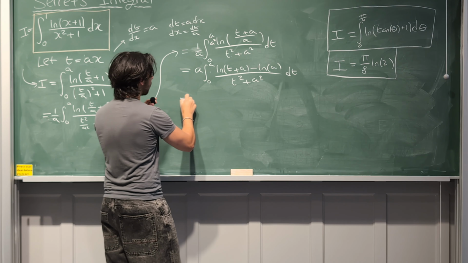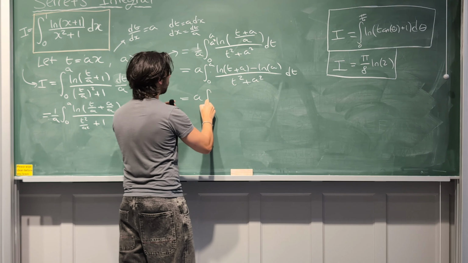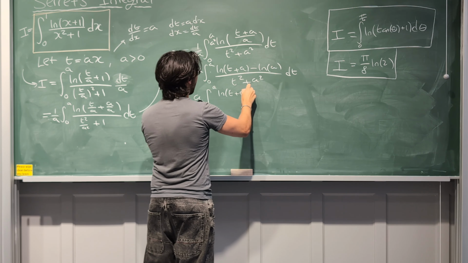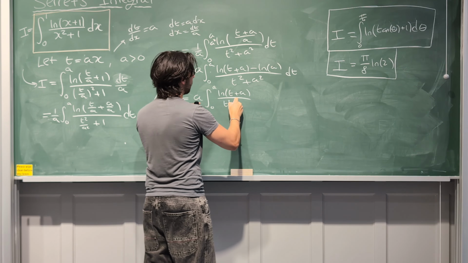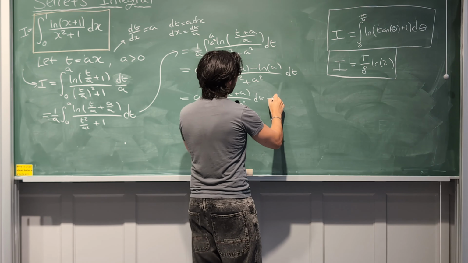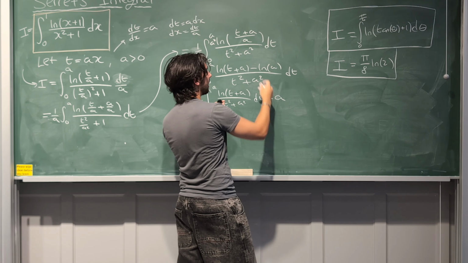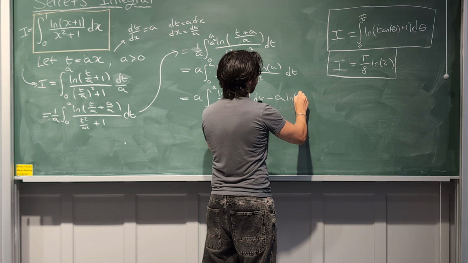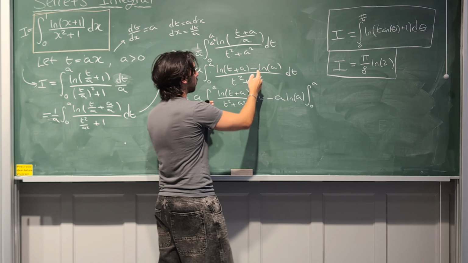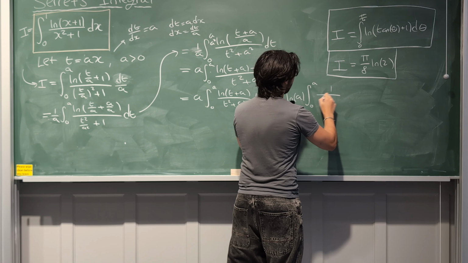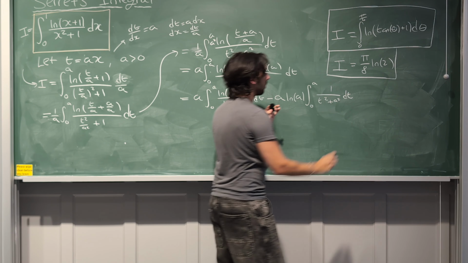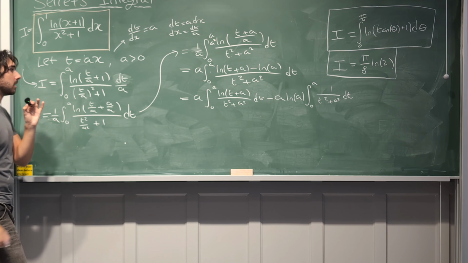So this is equal to a times the integral from 0 to a of the natural log of t plus a over t squared plus a squared dt. And then I've got minus a, and I'm also going to take the natural log of a out, so the natural log of a times the integral from 0 to a of just 1 over t squared plus a squared, okay? So I've kind of done several steps in one go.